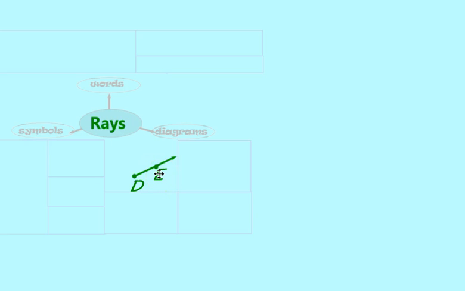The order in the name would be very important since it has to reflect who exactly is the end point, where everything begins. In my case, it's D, so when I write the name of this object in symbols, I must start with D. D is the end point. This is where the ray starts, and then it keeps moving in the direction of E.